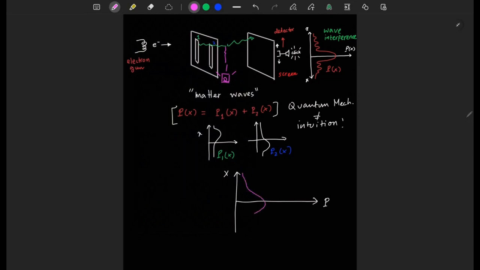So you end up with, again, a normal distribution. This is the total probability, and that is exactly what we observe if we place a light source just behind the screen.